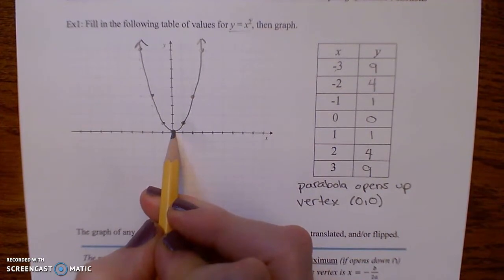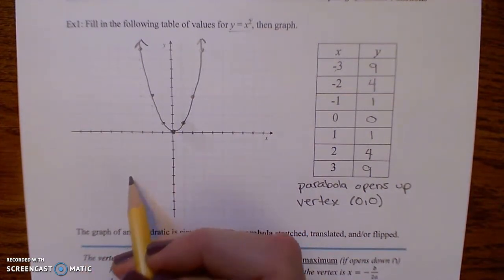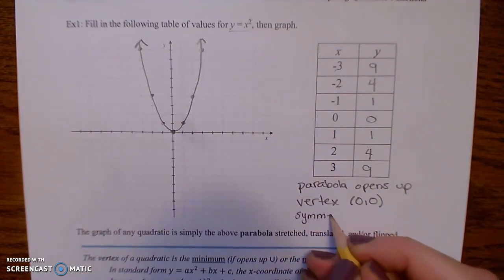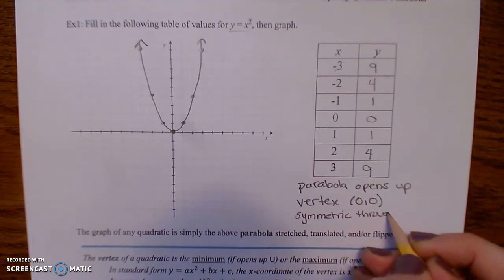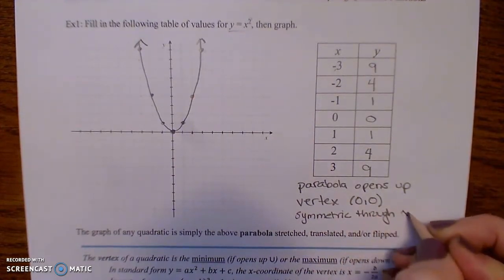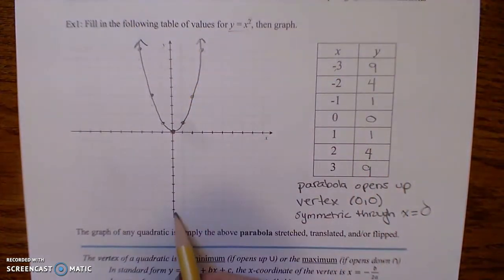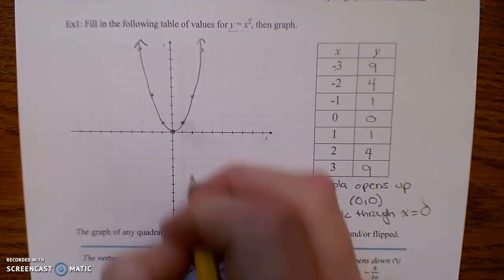Its x-intercept and the y-intercept are the same. It's just the origin here, okay? And it's symmetric through the vertical line x equals 0. So the y-axis here, which is the vertical line x equals 0, is the axis of symmetry.